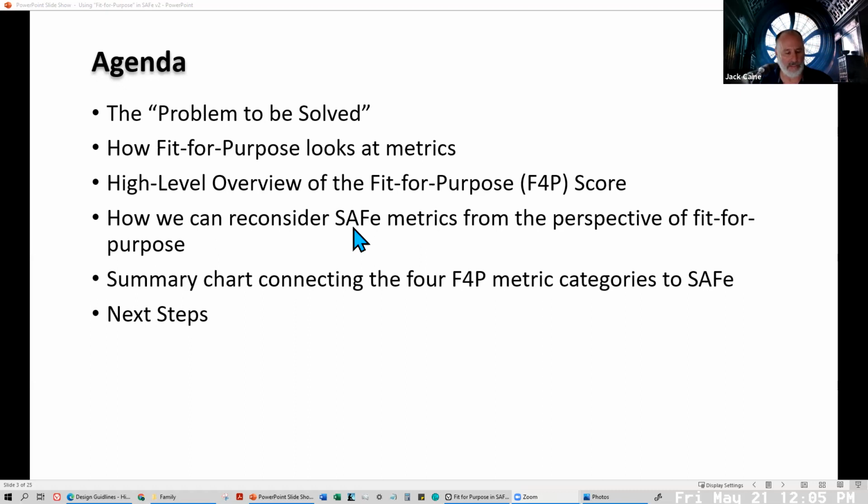I'm just using SAFe as an example because SAFe has a gazillion metrics, and that's kind of problematic. There's also a summary chart connecting the four Fit for Purpose metric categories to SAFe, and then we'll talk a little bit about next steps, what your next steps might be.